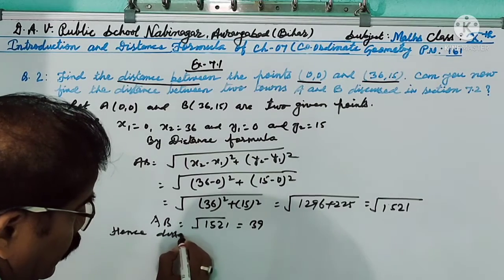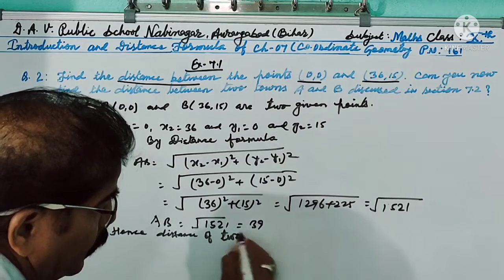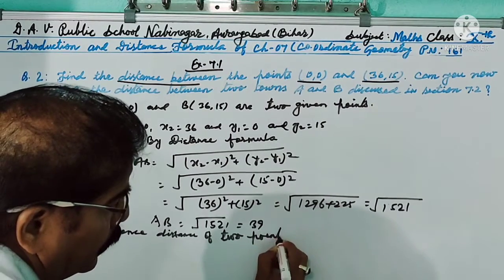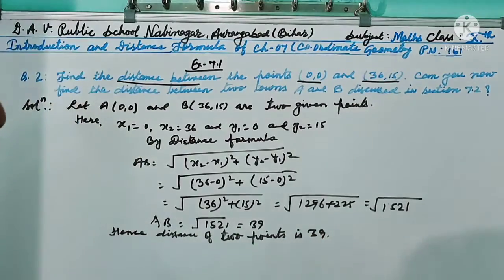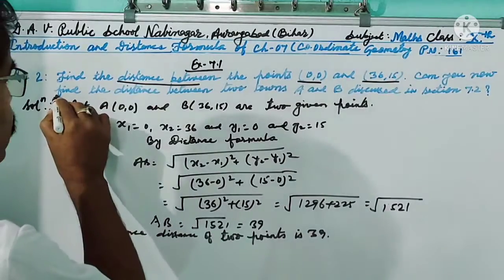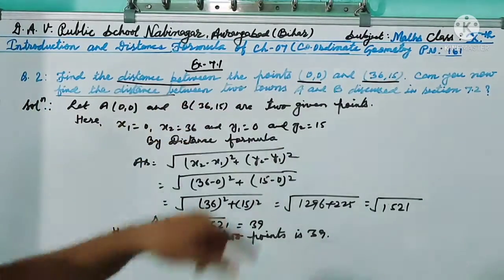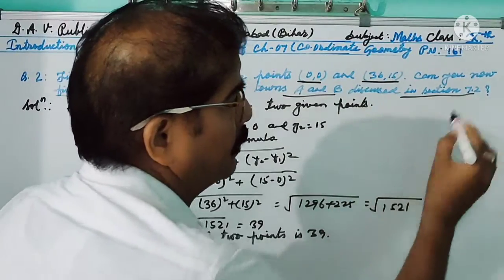So the distance between the 2 points is 39. Can you now find the distance between the two towns A and B discussed in section 7.2?